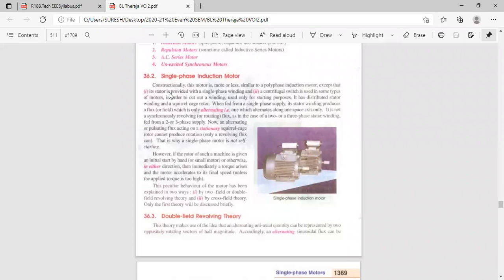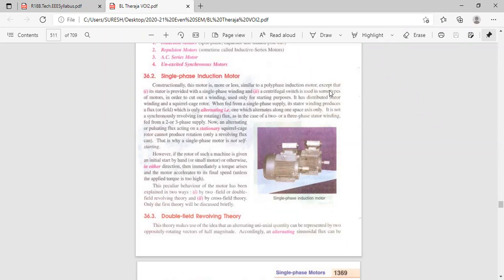Three phases. We have three windings, three-phase star-connected, connected to three phases. But in the single-phase induction motor, we have only one phase and one winding. The stator is provided with only a single-phase winding.